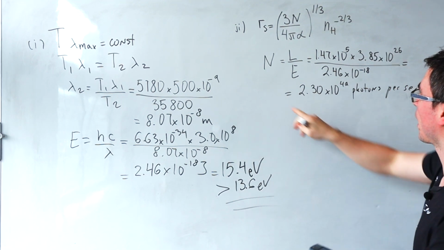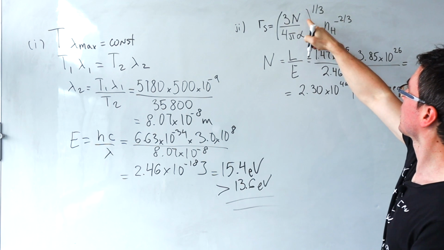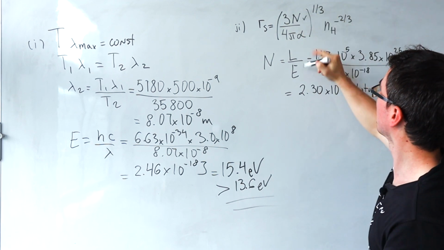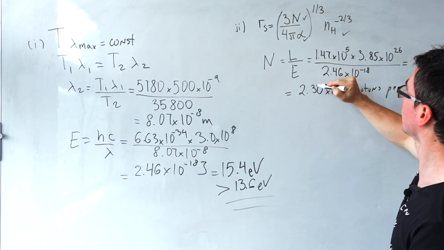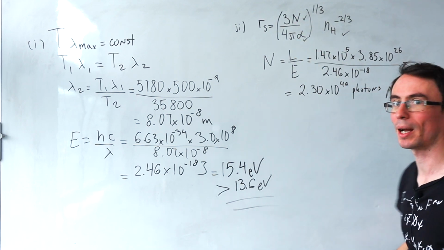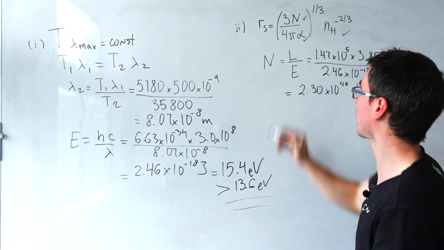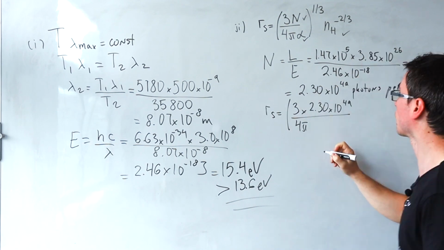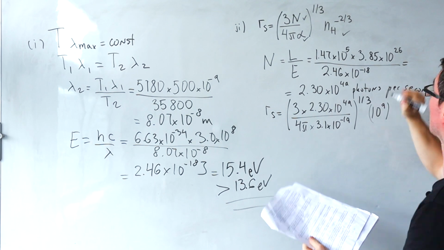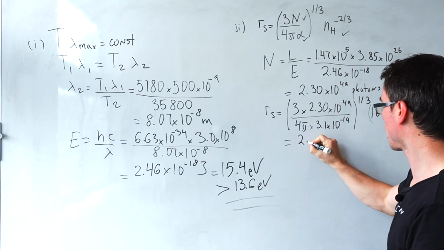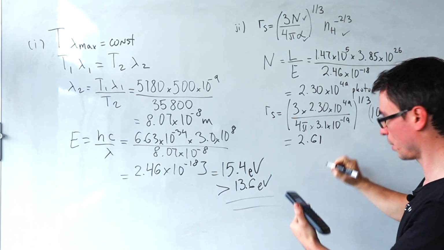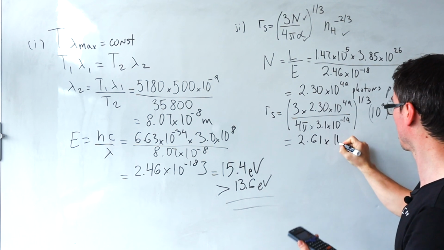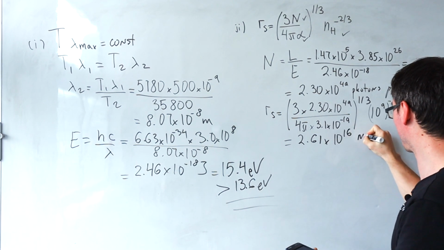Okay, so with that number, we can plug that in here. This was given in the question, this was given in the question. We know what 3 is, we know what 4 pi is, so we're in business and we can just calculate the radius of this ionizing bubble. And this here will give me around 2.61 up to 3 significant figures times 10 to the power of 16 meters.